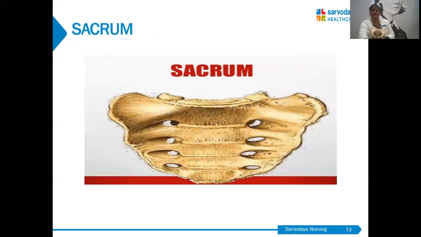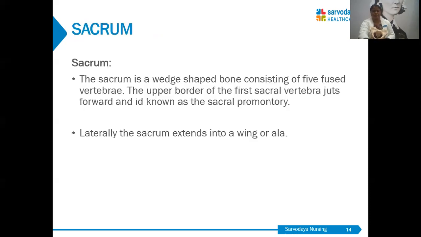The next one is the sacrum. The sacrum is a wedge-shaped bone consisting of 5 fused vertebrae. The upper border of the first sacral vertebra juts forward and is known as the sacral promontory. Laterally, the sacrum extends into a wing or ala. So this one is the sacral promontory and these are the ala.